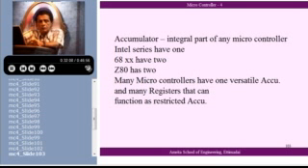Z80, they are to the benefit of both of them, and they have two accumulators and plus some features of Intel. Many microcontrollers today, they have one very versatile accumulator, and there are a number of registers inside which can function as reasonably good accumulators. Big series is like that. One very good accumulator. Others are halfway accumulators.